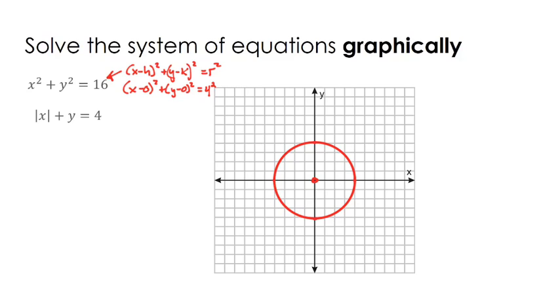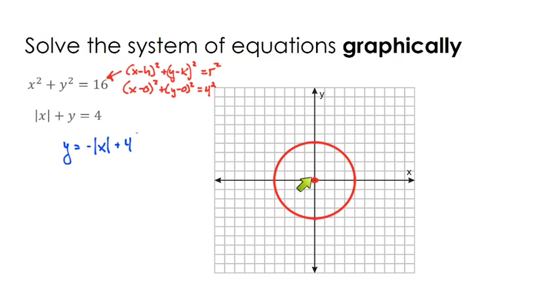Now, as I look at this, it looks like we have an absolute value equation. If I were to solve this and get the y by itself, we can think of this as a transformation of the absolute value parent function. It looks like our absolute value parent function, but it's going to be reflected, and then it's going to be shifted up 4 units.